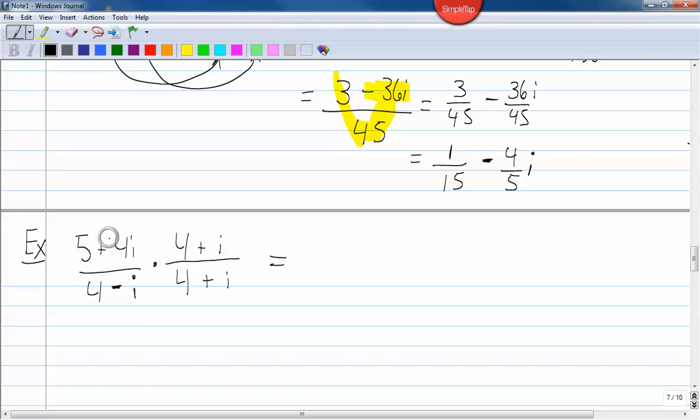So I need to multiply out the numerator. So it's going to be 20 plus 5i plus 16i plus 4i squared. First term, outer term, inner term, last term.